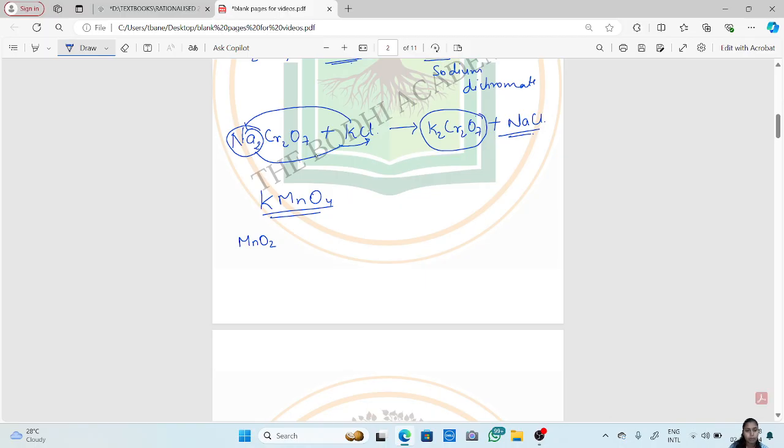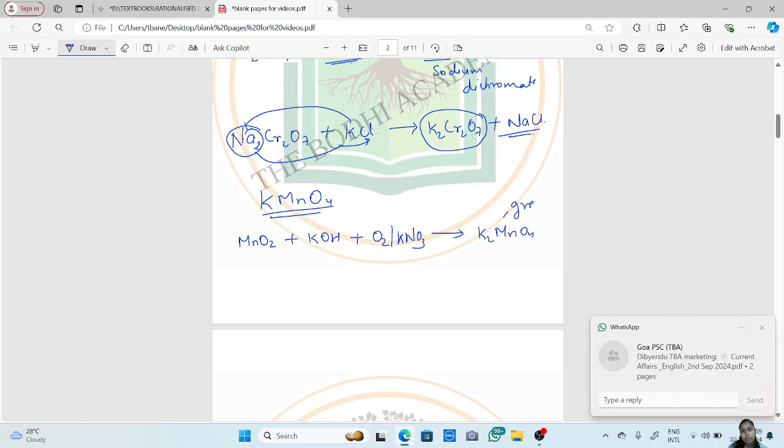To this MnO2, we have added KOH, that is alkaline hydroxide, plus O2. In place of O2, we can also add KNO3. Now, this will give you K2MnO4, which is a green colored solution.